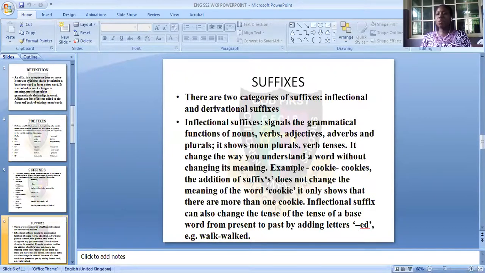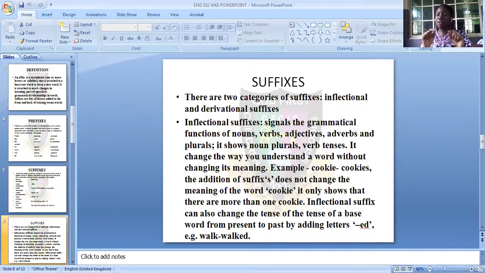They change the way you understand a word without changing its meaning. For example, cookie. When we add the suffix s to cookie, it shows that we have more than one cookie, but the meaning of cookie still remains. That is an inflectional suffix. An inflectional suffix will not change the meaning of the word, it will only change the way you understand the word.